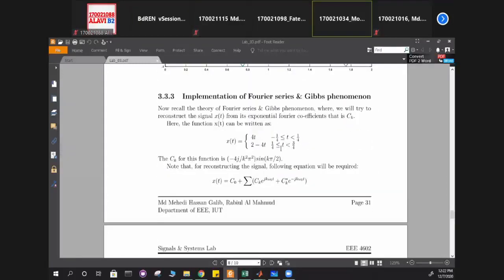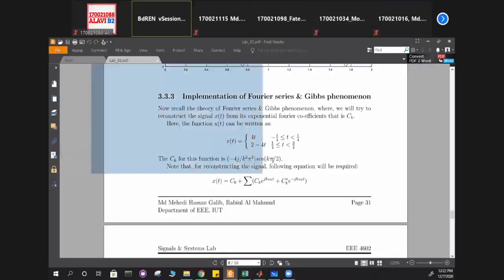Now we have this x(t) and c_k, that means your x_k is given here. After that we will reconstruct x(t) using this c_k, whatever you call it, and we'll use this equation to reconstruct. Is it okay? Yes sir.